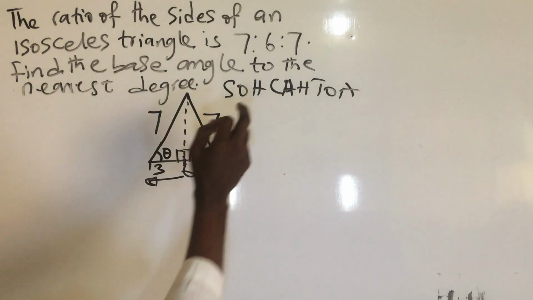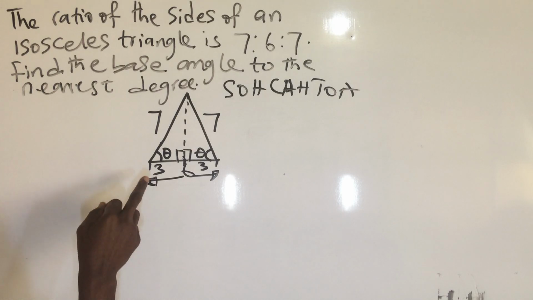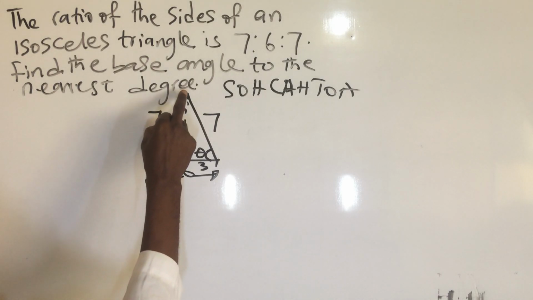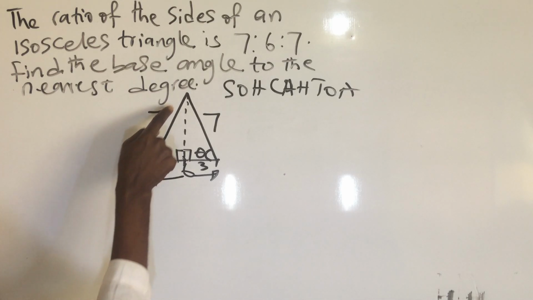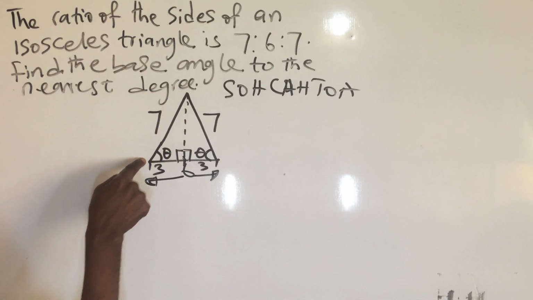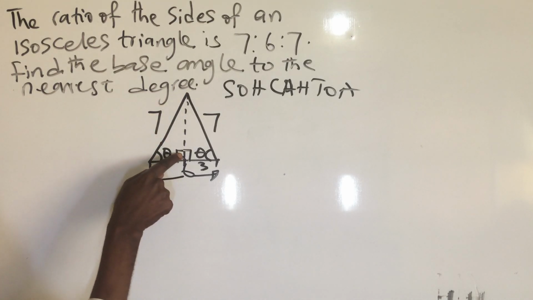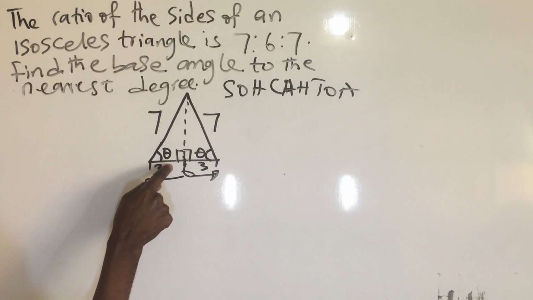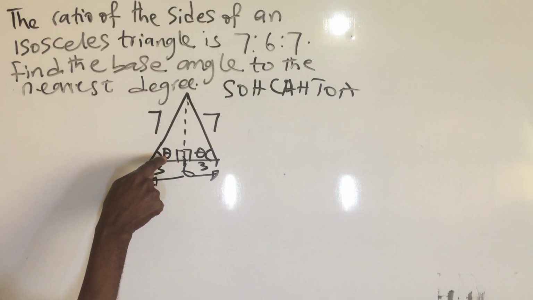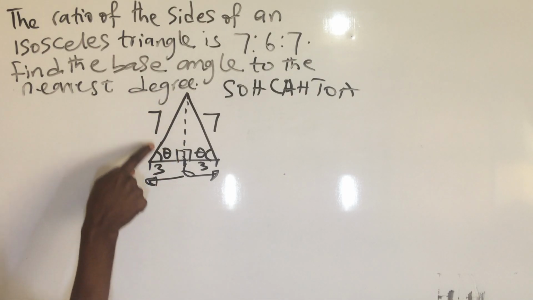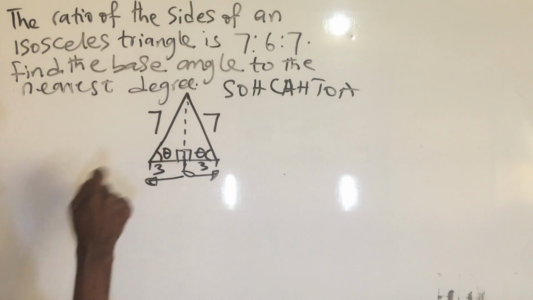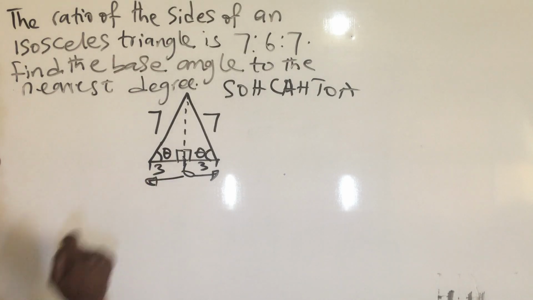From the SOH CAH TOA, if we consider this half now, we have 2 sides of it: the hypotenuse side, which faces the 90 degree angle here, and the adjacent side, which is adjacent to the base angle we are looking for. So the hypotenuse side is 7, then adjacent to this angle is 3, okay?